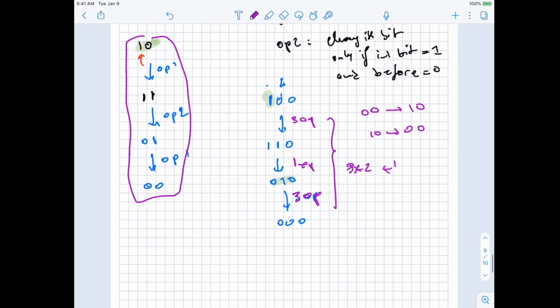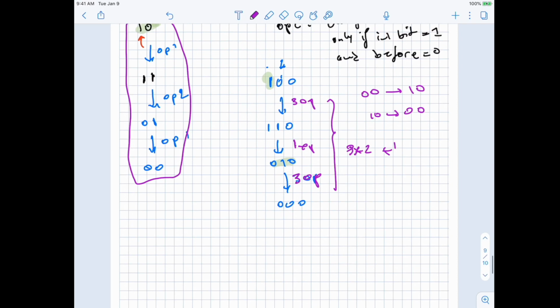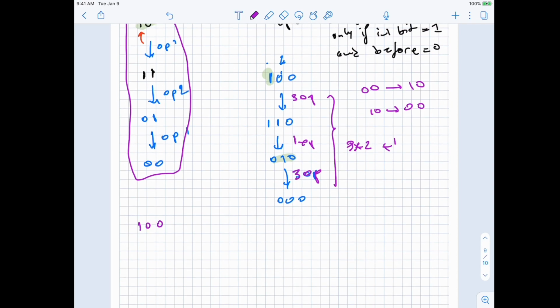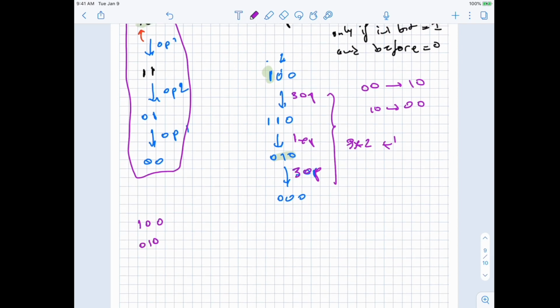But how can we write this in a more structured and formal way? If you look at this, it is actually recursive. What's the relationship between these two? This one has the kth bit set, and this one has the k minus 1 bit set.